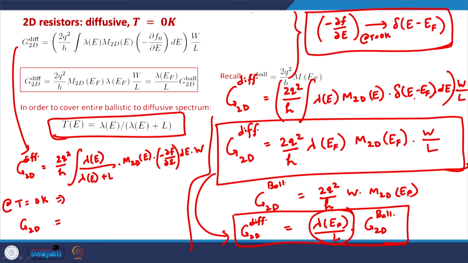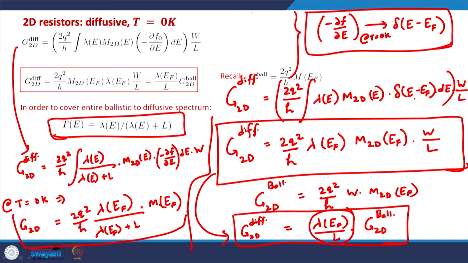The conductance at 0 Kelvin is 2q squared by h, lambda(EF) divided by lambda(EF) plus L, times M(EF), where M(EF) is W times M2D(EF). So, this will cover both ballistic and diffusive cases.